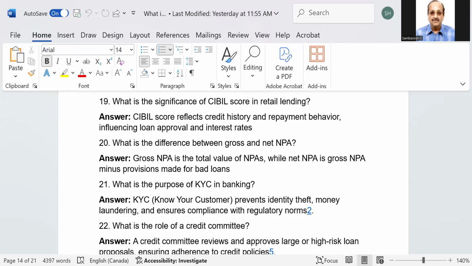Similarly, you know what is a bank guarantee? Bank guarantee is a document issued by the bank agreeing to pay a certain sum to the beneficiary of the bank guarantee in the eventuality of our customer not fulfilling his responsibilities within the specified time.